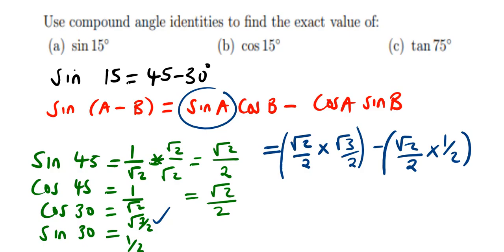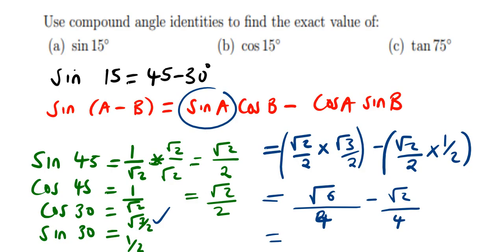Then we solve. 2 multiplied by 2 down gives us 2. Root 2 multiplied by root 3 gives us root 6. Minus, then this side we've got root 2 multiplied by 1, that is just root 2, over 2 multiplied by 2 down, that is just a 4. This one is also a 4.